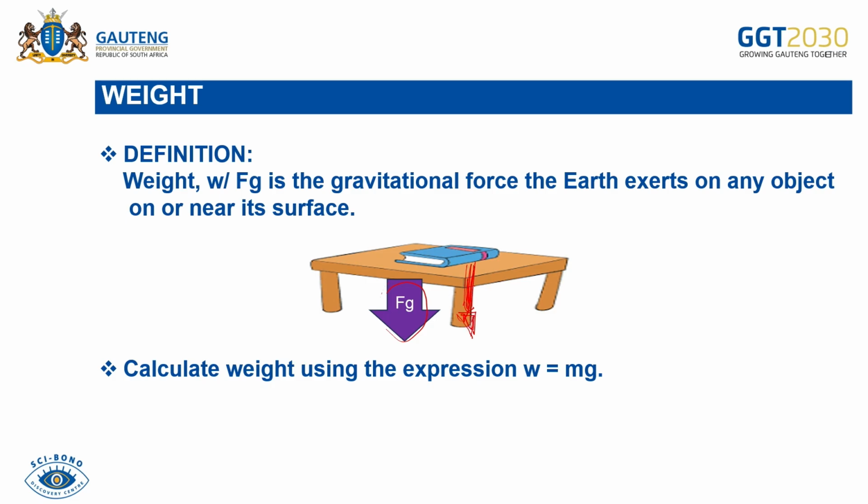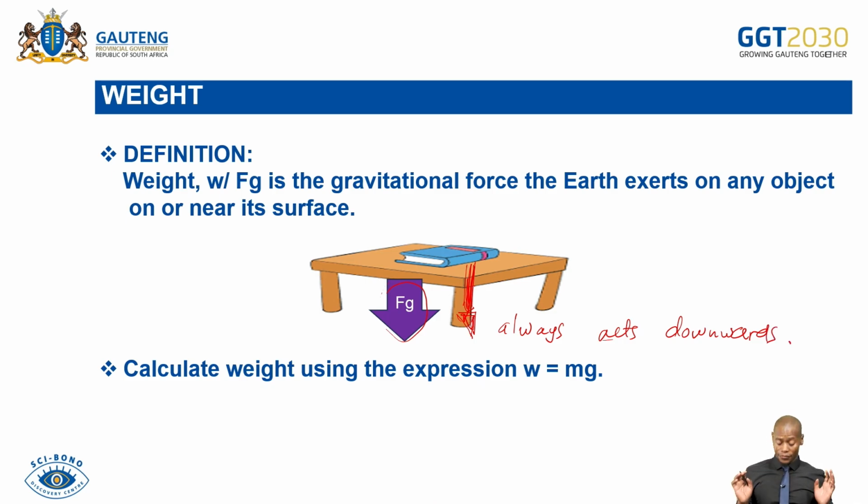So it's a non-contact force. So what is gravitational force? It's the force the earth exerts on any object on or near its surface. What is important again, this force always acts downward. Very, very important.